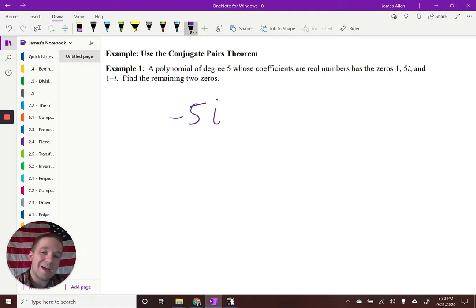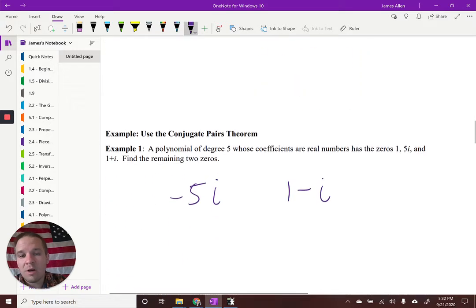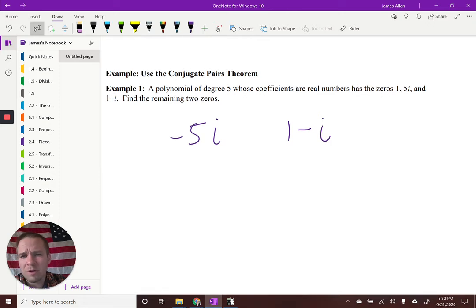And if 1 plus i is one of them, then 1 minus i would be the other. And something I didn't mention before, this also comes from our quadratic formula. If I have a negative inside of this radical, right, then it's going to be a number plus an imaginary number and a number minus an imaginary number. So all coming from that wonderful quadratic formula that we know and love so much.